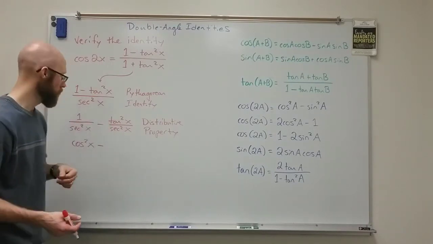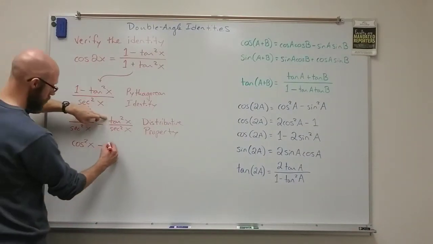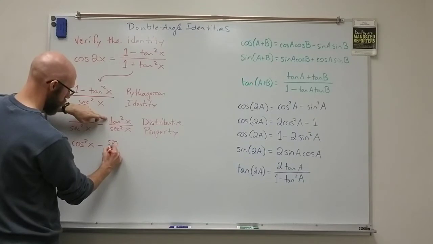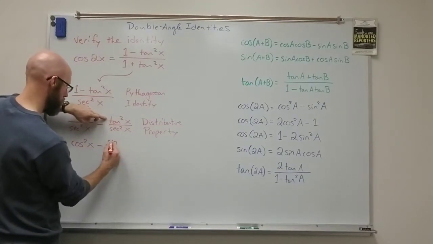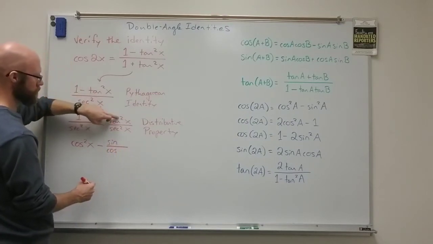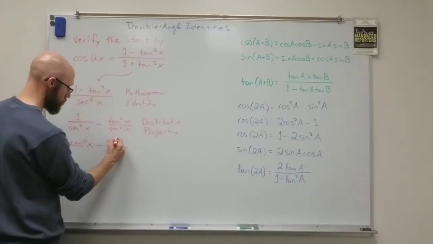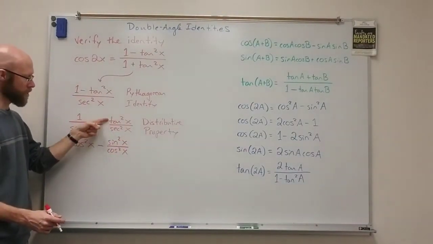Maybe that would move us forward. So the tangent is the sine over the cosine. Because I'm squaring it, I would square each of those. So it's sine squared over cosine squared. All right, that's the tangent.